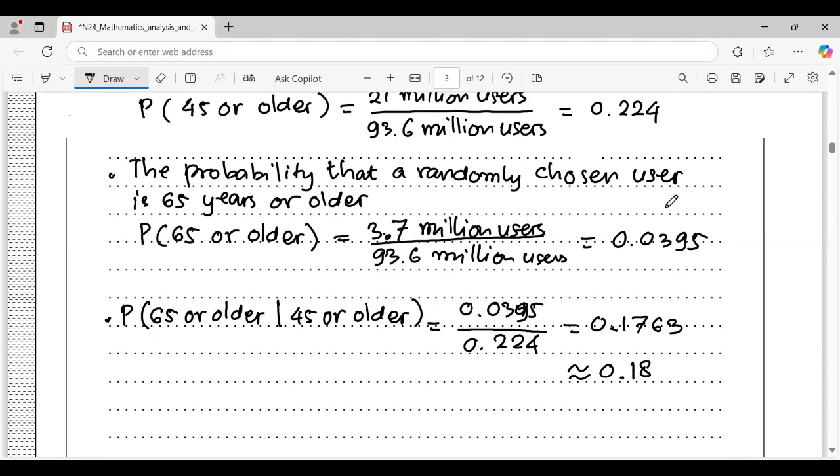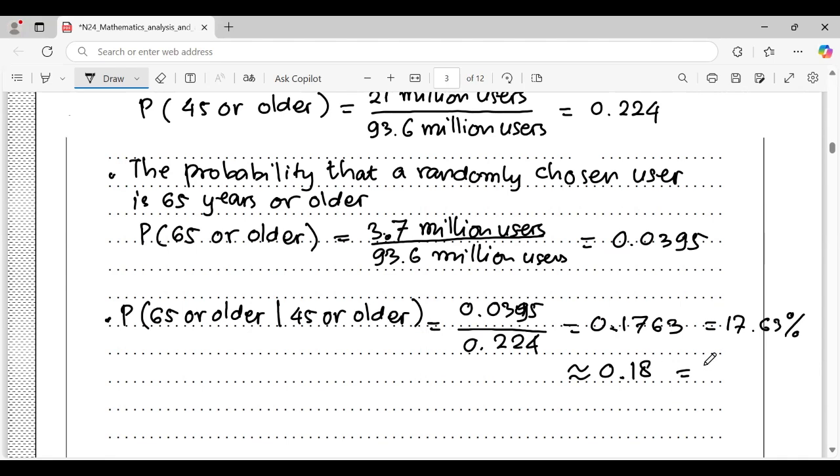So the probability that a randomly chosen My Life platform user is 65 years or older, given that they are 45 years or older, is approximately 0.1763 or 0.18, or in percentage 17.63%.